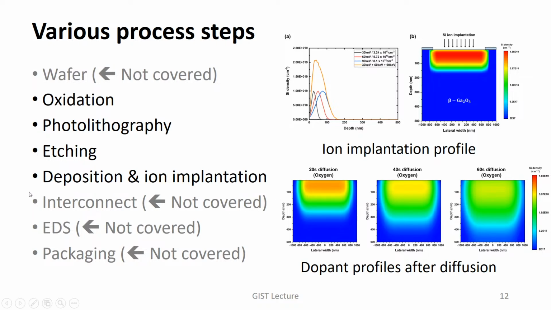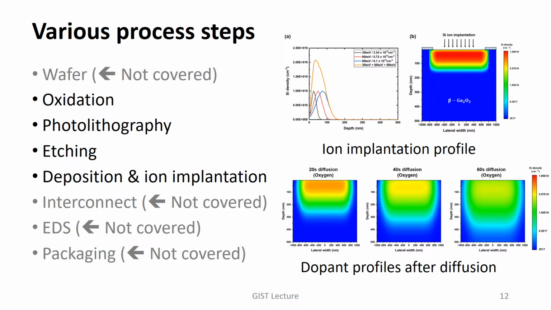Other process steps are all important. For example, interconnect. This is really quite important. And EDS and packaging. Especially nowadays, packaging is regarded as one of the most important process steps in the semiconductor industry, because they want to do some integration using packaging.